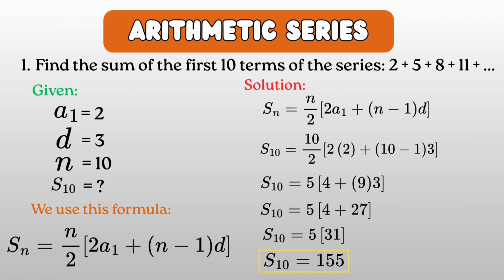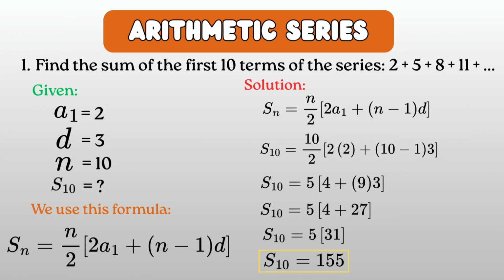Now for the solution, let's plug in our numbers. S sub 10 is equal to 10 divided by 2 times the quantity of 2 times 2 plus the quantity of 10 minus 1 times 3. Let's solve the outside and the inside of the brackets first. 10 divided by 2 is 5. Inside, 2 times 2 is 4, and 10 minus 1 is 9.